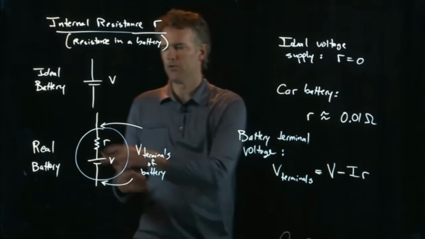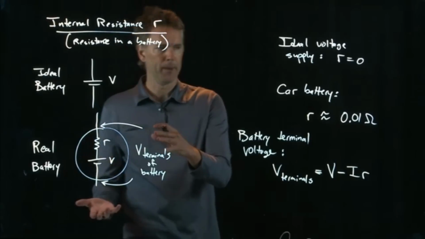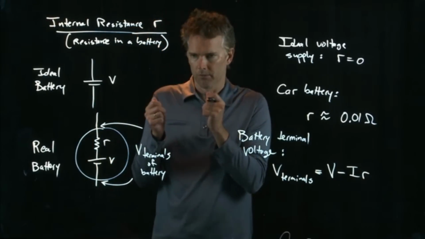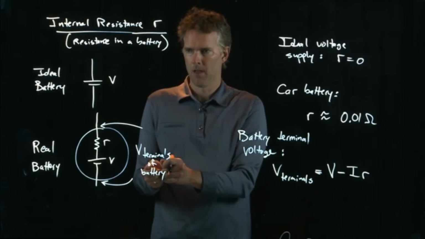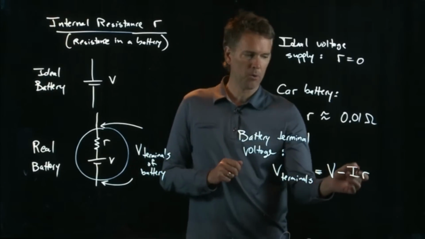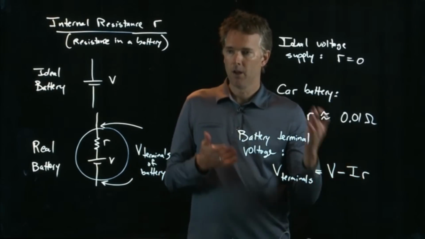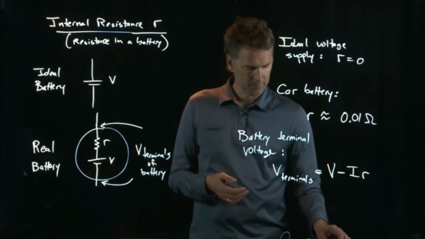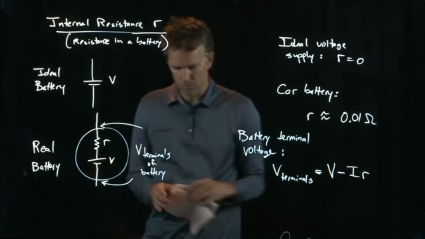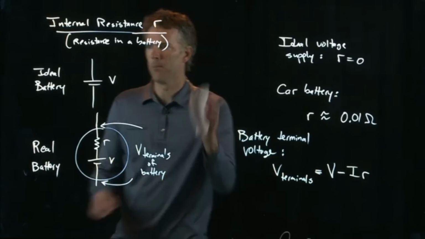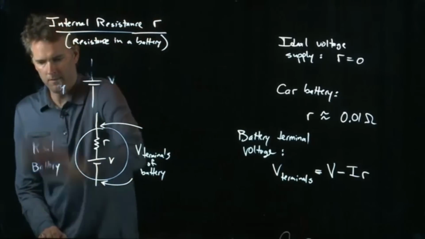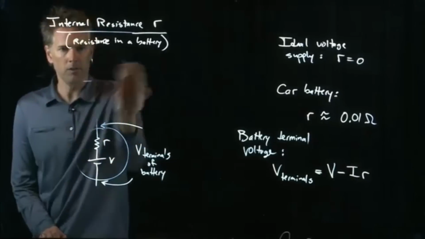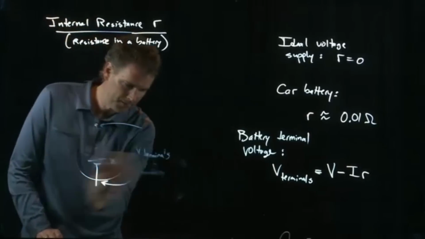So if you're not drawing any current out of your battery, then the voltage is 12 volts. But as you start to draw more and more current out of the battery, the voltage drops a little bit. So let's see what it drops to when we are starting the car battery. When we're starting the engine using the battery as a current supply.